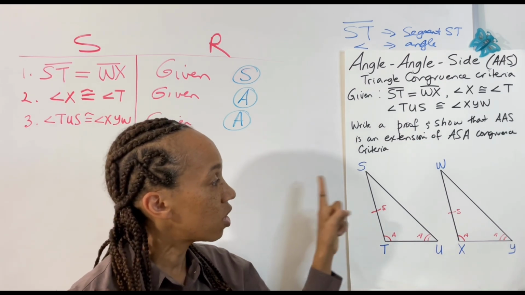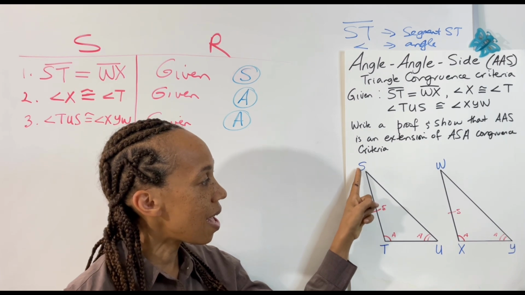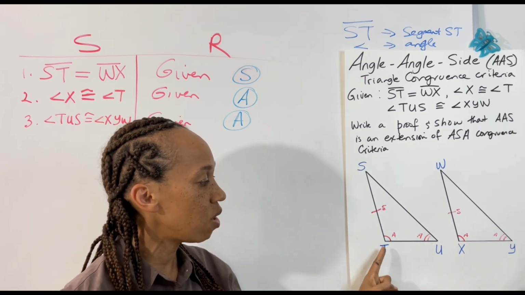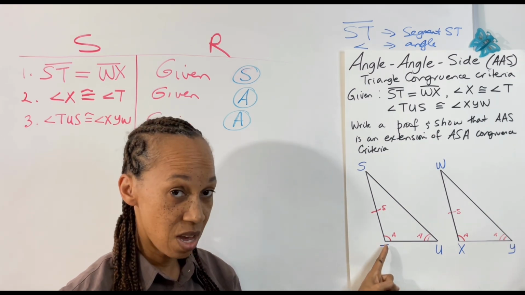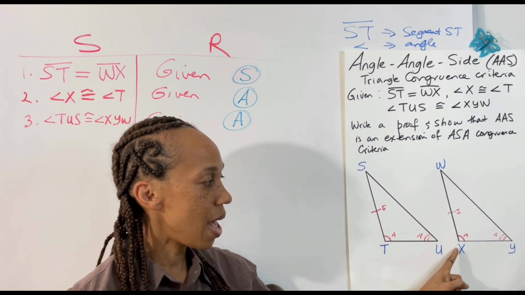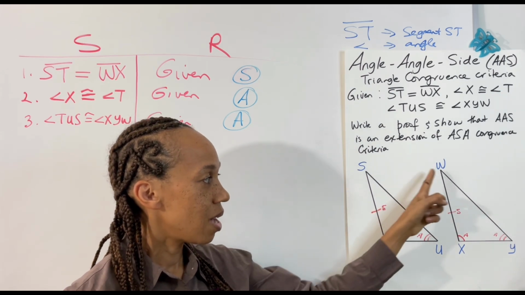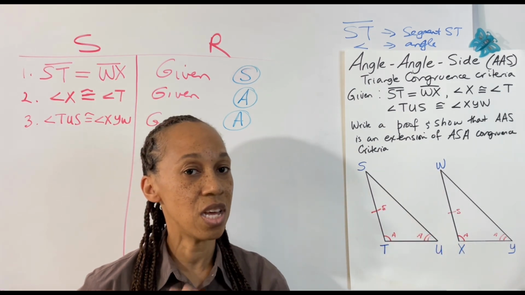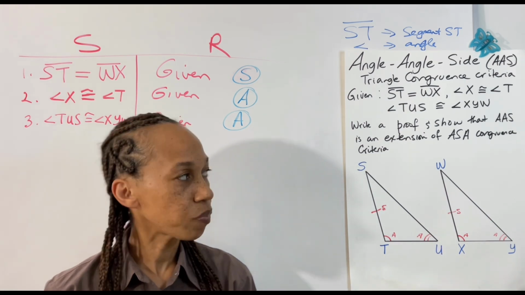So in this case, if we had STU, we would mean angle STU, meaning that angle T is going to be congruent to angle WXY. It's the same thing as saying angle X, because of where it is at a vertex and it is not a split angle.